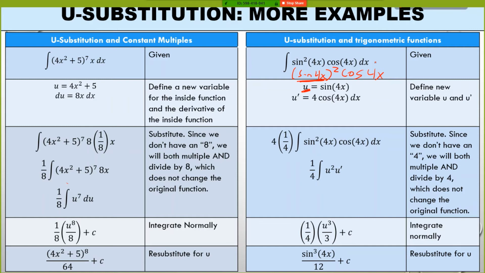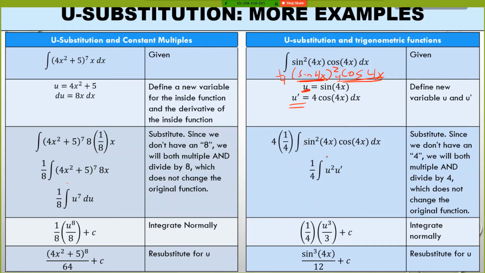So I'm going to do the same thing as last time. I'm going to multiply by 4 and divide by 4 so that I have the 4 cosine 4x to substitute for my u prime. Here the 4 cosine 4x dx is u prime, and the sine of 4x is u.